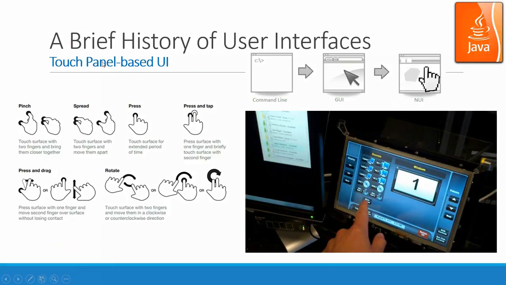And right here we talk about the next one, that's a touch panel-based user interface. So here there are several different hand gestures, finger gestures, finger movements that can perform as an input function. So from command line to graphic user interface to this natural user interface.